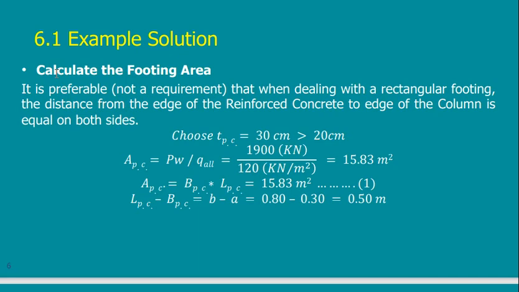Calculate the area of footing. To calculate the area of footing, I have first to decide: am I going to use the plain concrete thickness at the minimum so that it is just a barrier to protect my steel and concrete from being contaminated from the soil, or am I going to use it as a structural part of my footing?